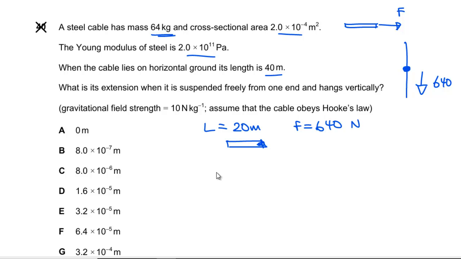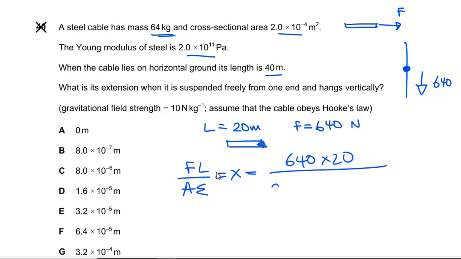So that's all fine. We've got our cross-sectional area and we want the extension. So we're doing F times L over A times our Young's modulus. So that's 640 times 20 over 2 times 10 to the minus 4 times 2 times 10 to the 11.